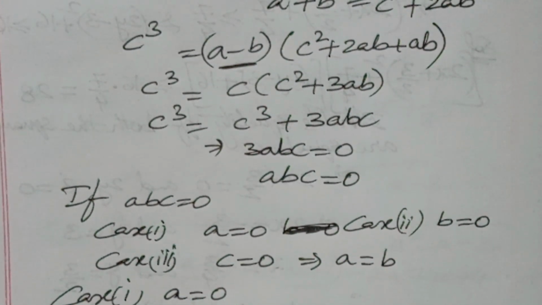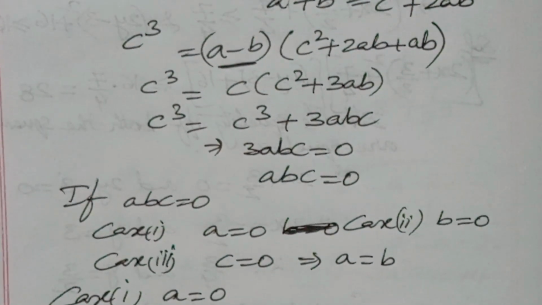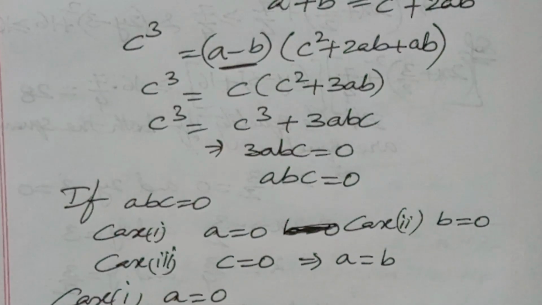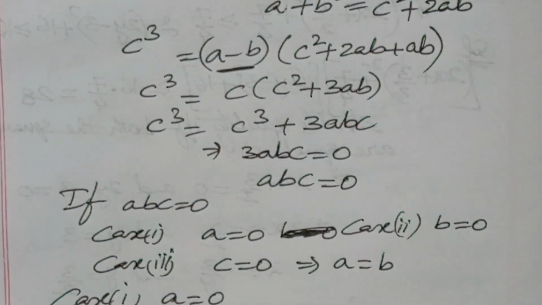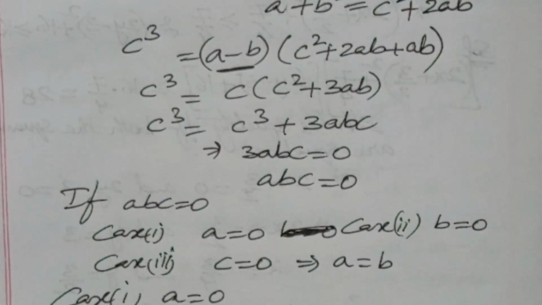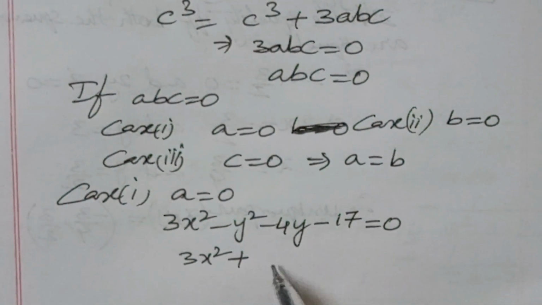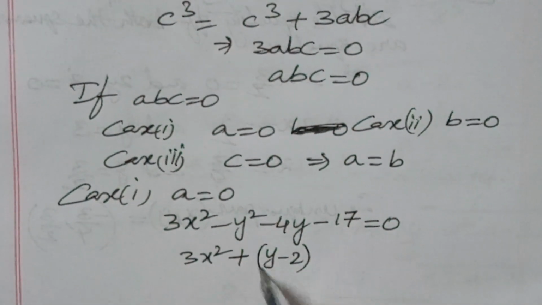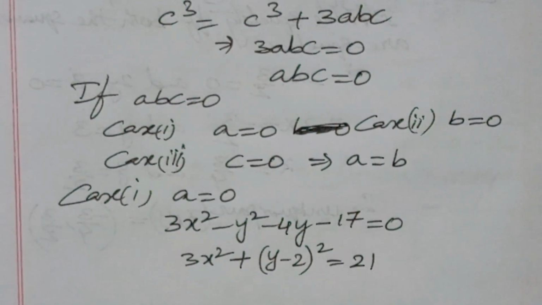So 3x² + y² − 4y − 17 equals 0. This can be written as 3x² + (y − 2)² = 21.